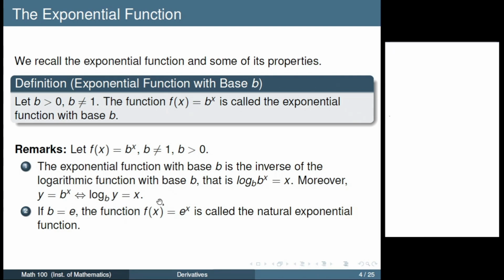So this is the conversion from exponential to logarithmic and vice versa. Okay. And if our base is equal to e, the Euler's number, this is a constant equal to 2.71 something. Exponential function f of x equals e to the x is what we call the natural exponential function.